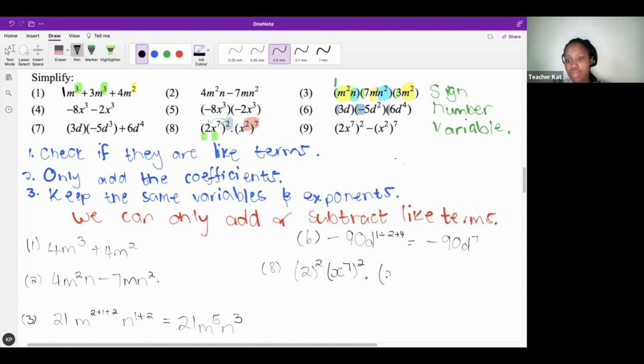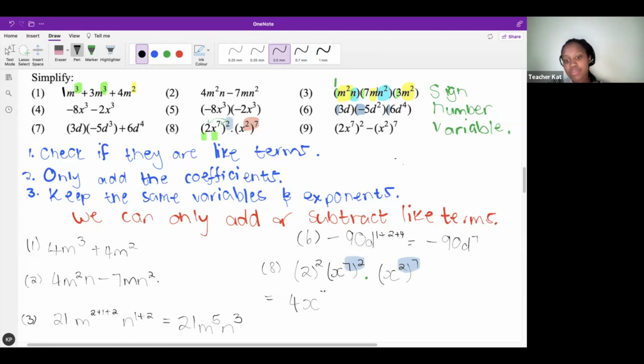I'm just going to rewrite this because we're about to do our power to a power. Equals, what's 2 squared? 2 squared is 4. And now we have power to a power, which means what happens with these exponents? Power to a power says we must multiply.